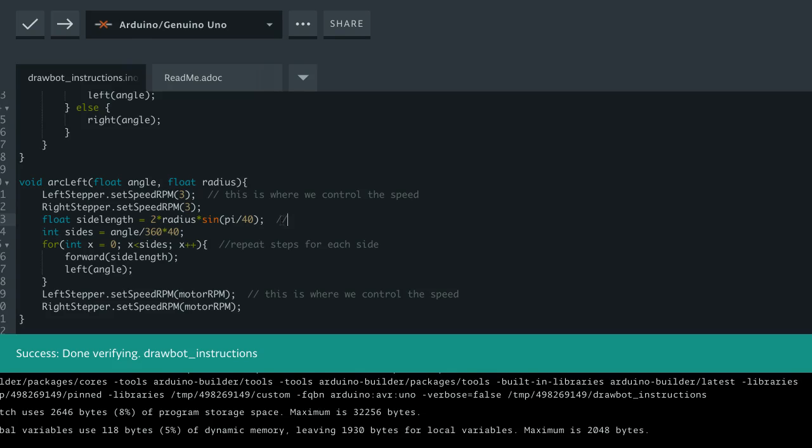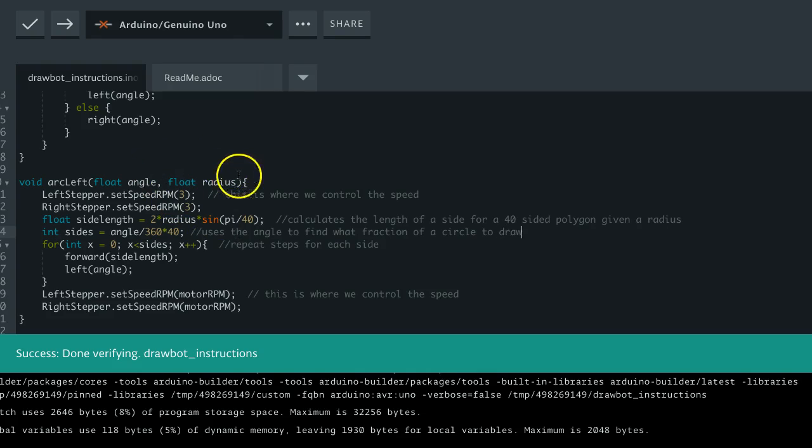So here I'm going to say this calculates the length of a side for a 40-sided polygon given a radius, and uses the angle to find what fraction of an arc, or a circle rather, to draw.